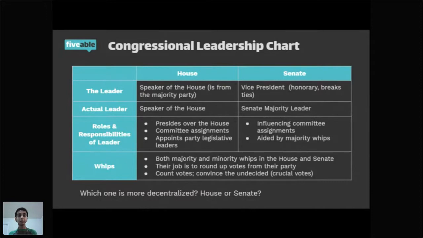The Senate is more decentralized because they don't have as many people. The House, on the other hand, has the House Rules Committee, which makes it much more centralized. That's something you want to associate with the House all the time, because they are so powerful within the House that you definitely want to remember their role. All right.